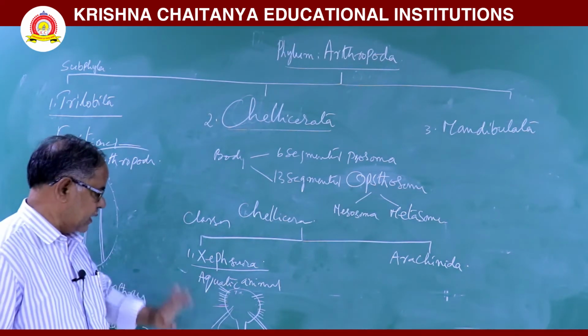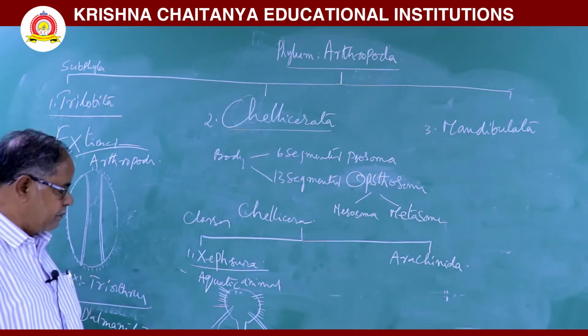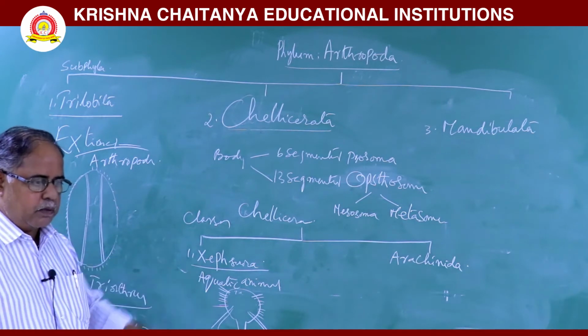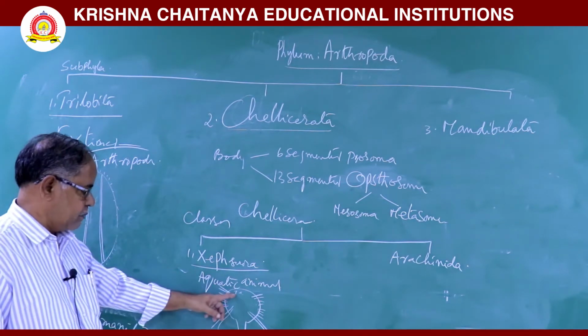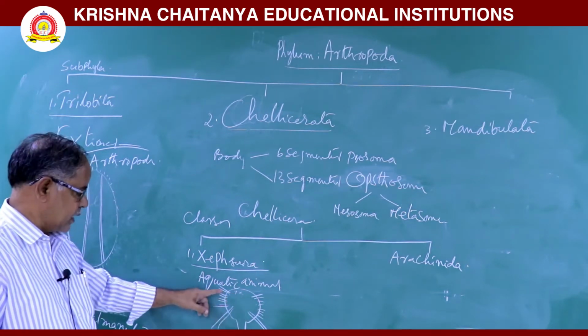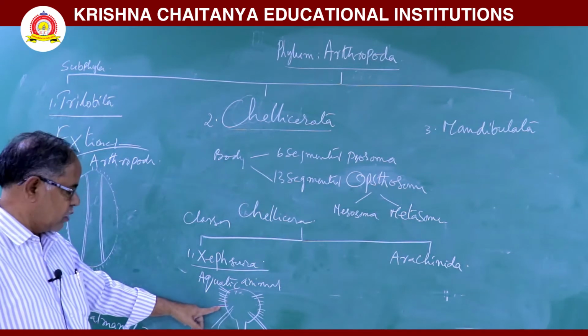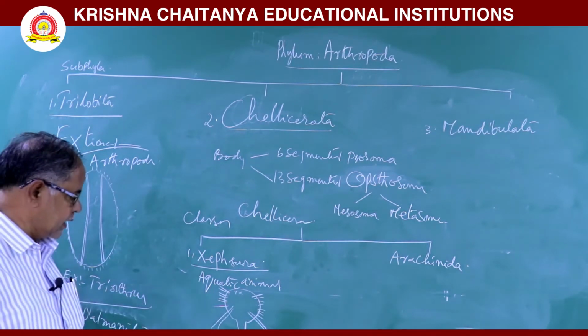They are aquatic animals. The prosoma has 6 pairs of appendages and is covered by a horseshoe-shaped carapace. The first appendages are modified as chelicerae. Second, third, fourth, fifth are walking legs. The 6th pair is modified as a pusher leg.